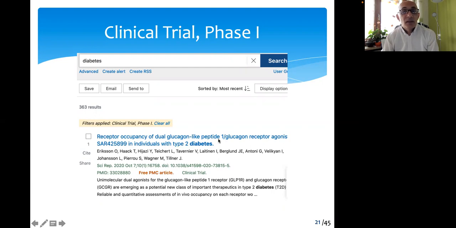As you see, it is not a drug yet, it does not have a name, it is just a compound which is under development, and the scientists are trying to find what kind of effects it may have in type 2 diabetes.